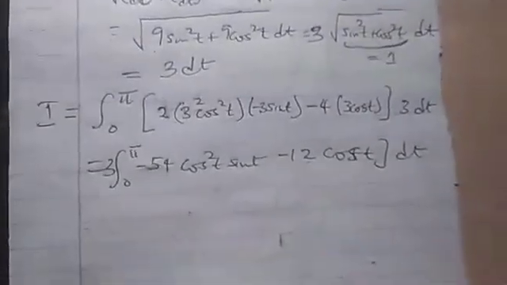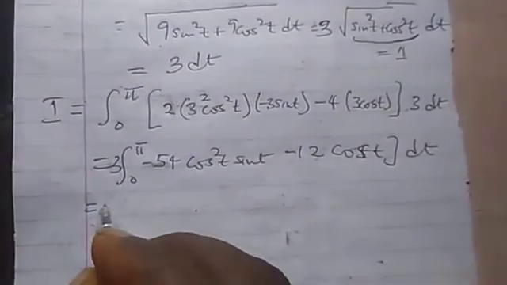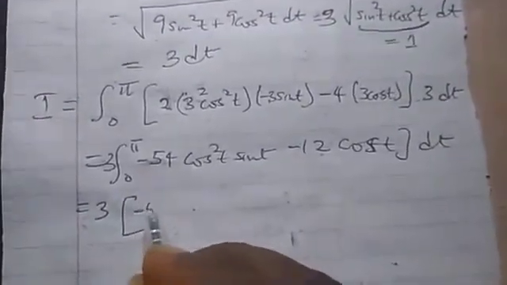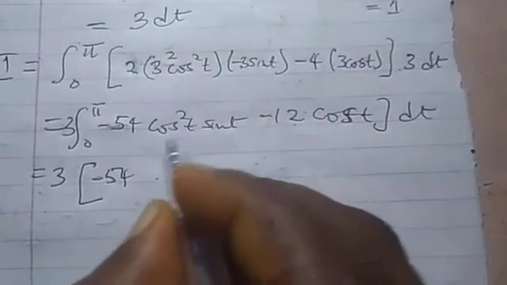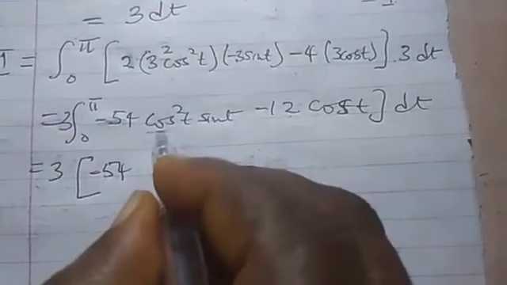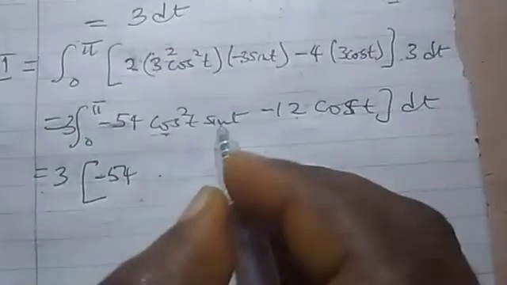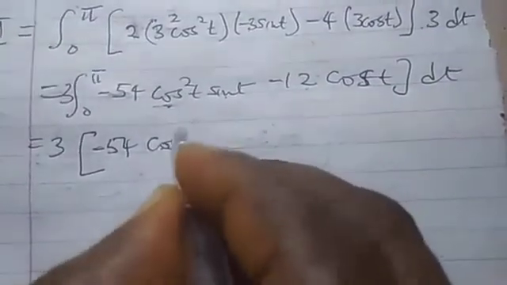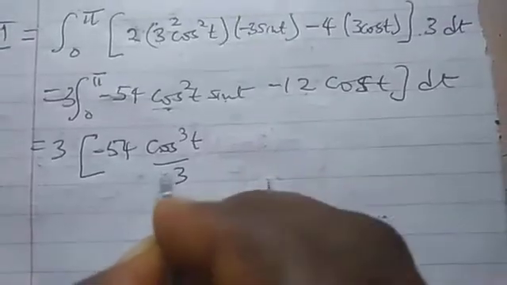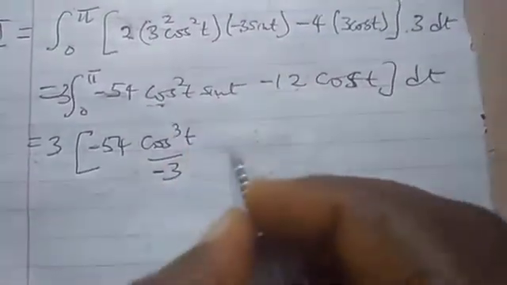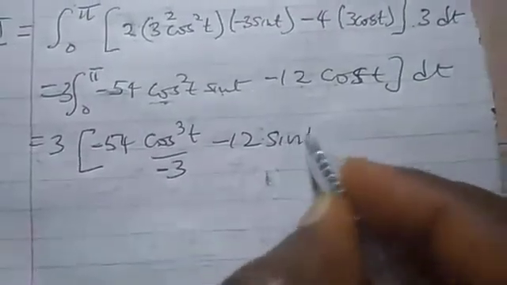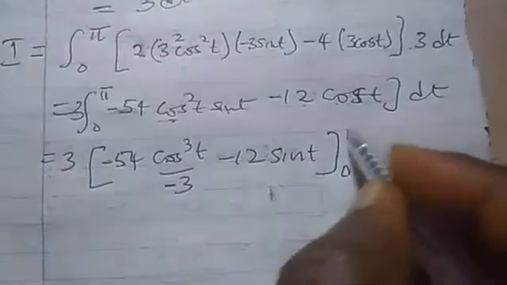Now, it's easy for us to integrate. We use integration by substitution to do this. Let me first write this minus 54 down. You remember when you differentiate cos, you get minus sin. So in this case, if I integrate this, I should have cos cubed t over 3, and there is a minus sign there. That is the answer. Minus 12: if I integrate cos t, I will have sin t, from 0 to pi.